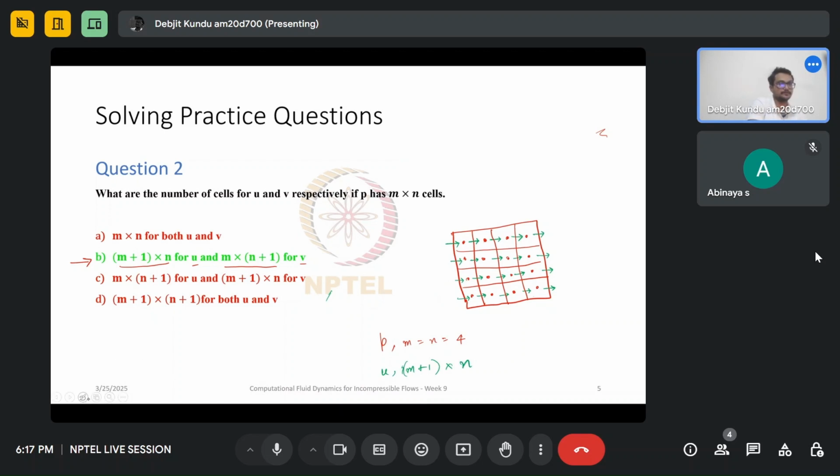Similarly, for vertical velocity or y velocity v, there will again be 1, 2, and 3 interior points and 2 boundary points. So 5 in the y direction, and it will be repeated 4 times.